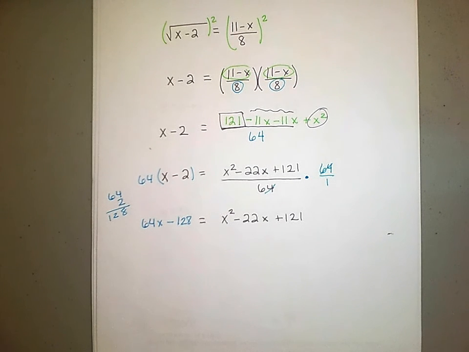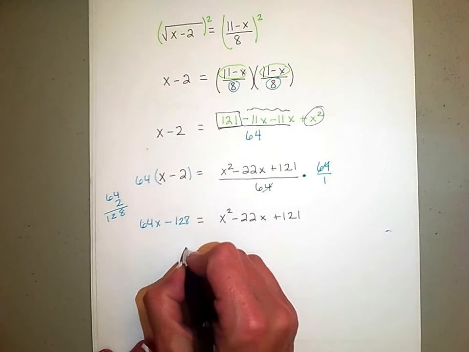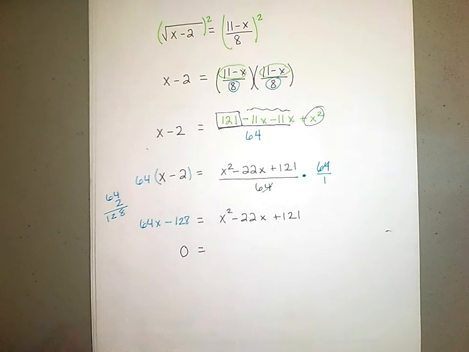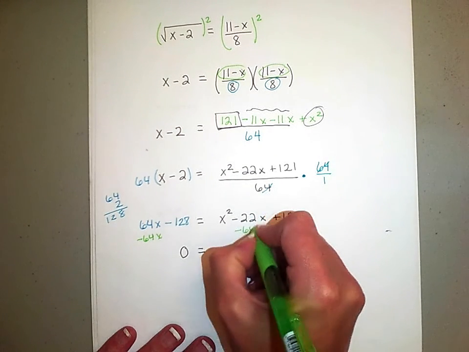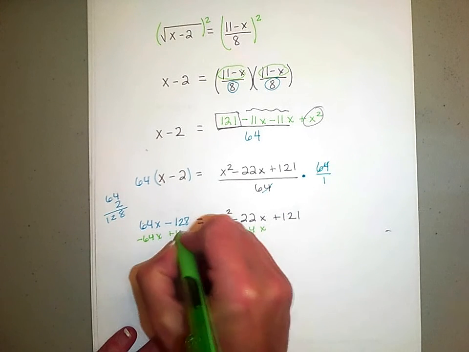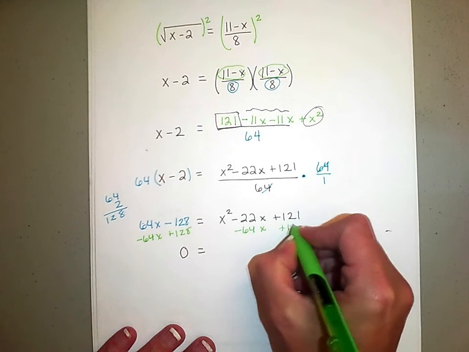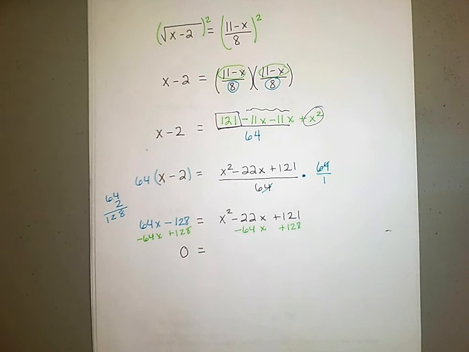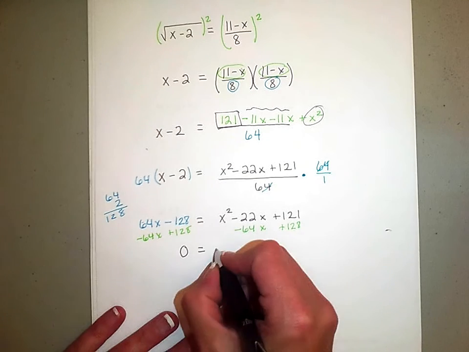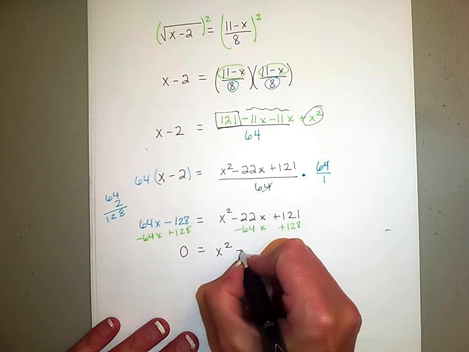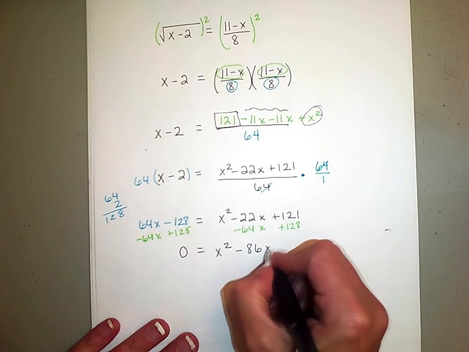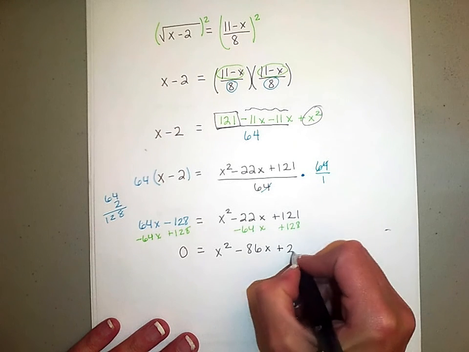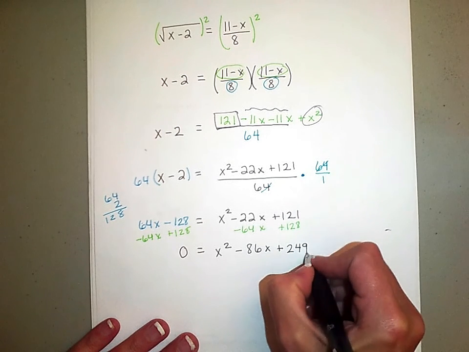Okay, now it's just quadratic. We know how to solve this. So let's get it equal to 0. I'm going to have to subtract 64x and add 128. So x squared minus 86x plus 249.